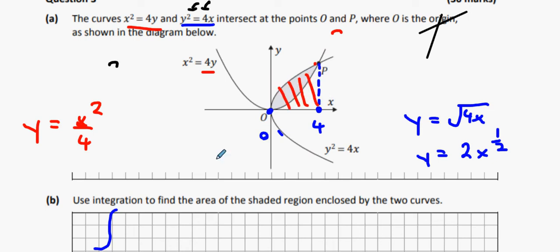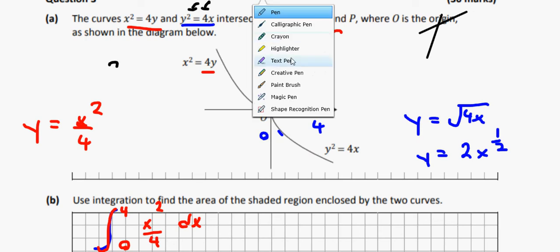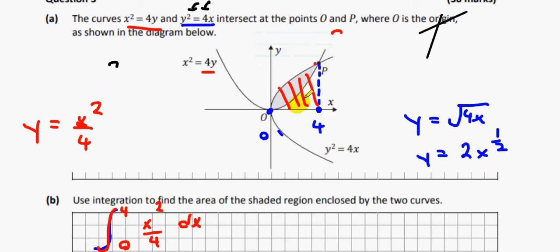Now the area under the red curve will be this area here. So if we do the area under the red curve first, we start off at 0 and 4, and it's y dx, and we know that the y value is x squared over 4. And that gives you the red area. Now this yellow area here, which I'm going to do in here, that's the area under the blue curve.